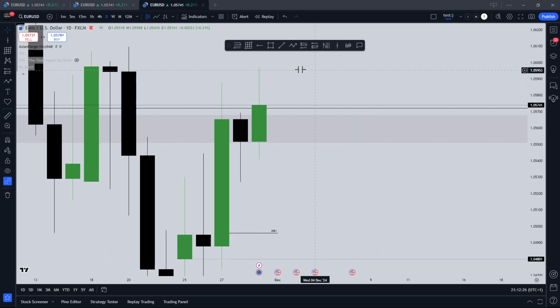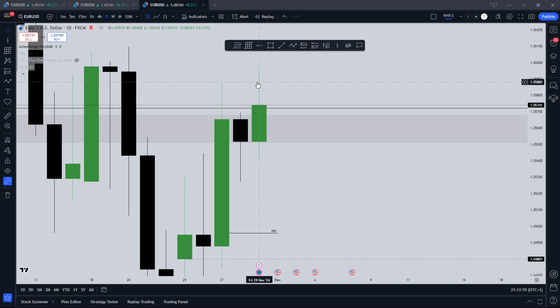So if you were to trade on last Friday, time-based liquidity would be resting at this particular high and this particular low. However, looking back two days, if you were to trade on Friday, trading this candle would not be time-based liquidity. It's just the previous daily high and the previous daily low. That's it.